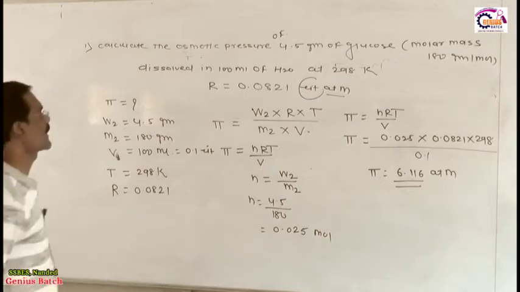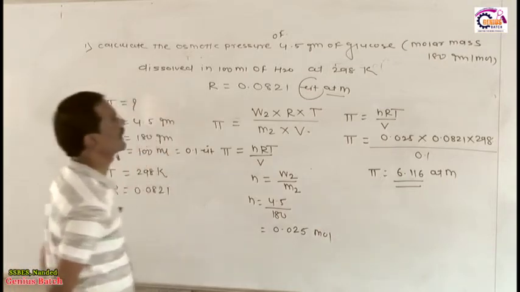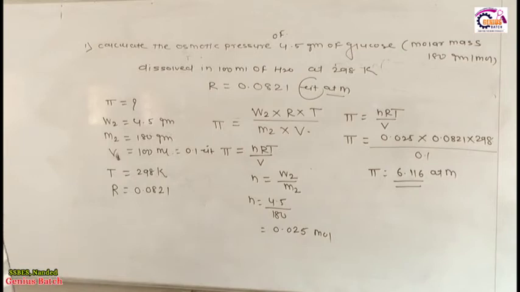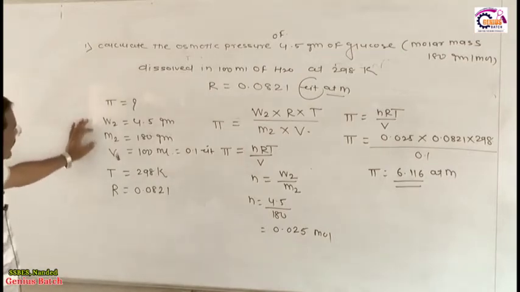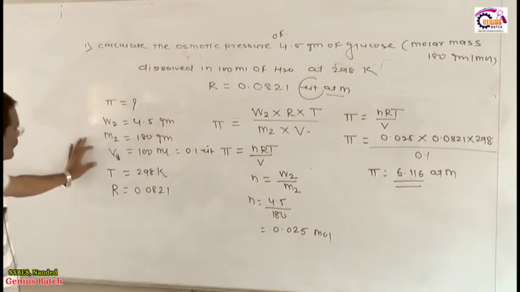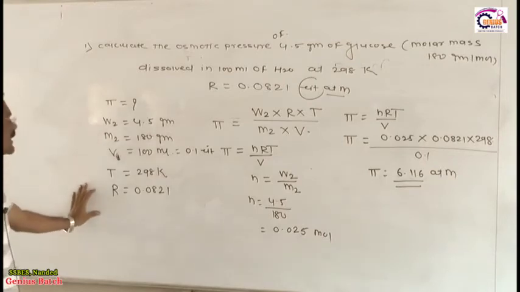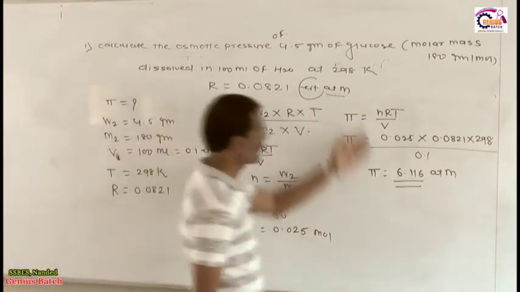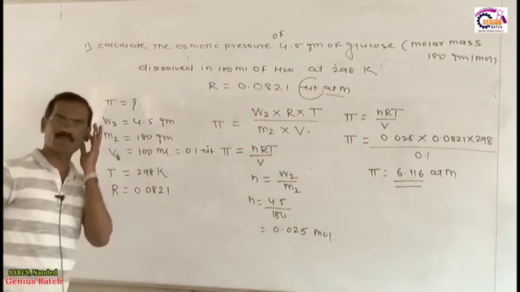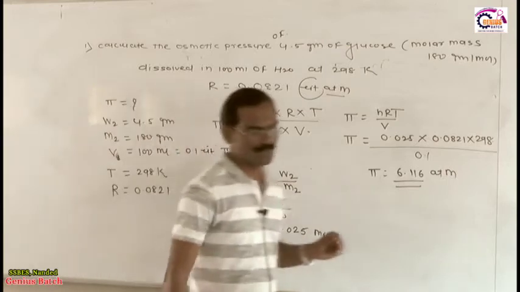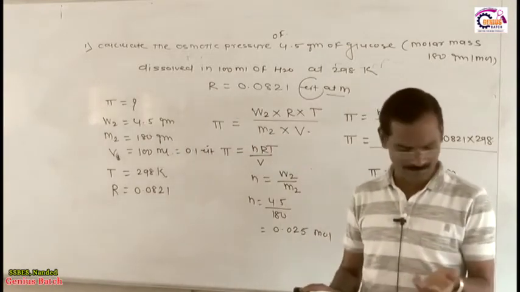The value of R is 0.0821 liter atmosphere. Weight of solute, molar mass, volume, temperature and R are given, so after putting all these values, the osmotic pressure is 6.116 atmosphere. I hope you don't have any problem related to this phenomenon.